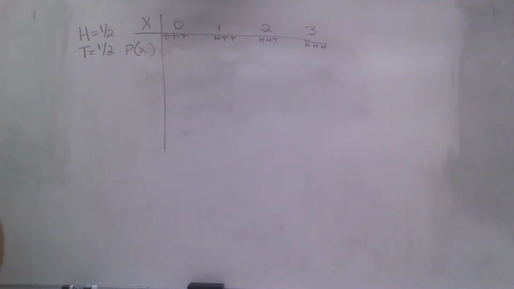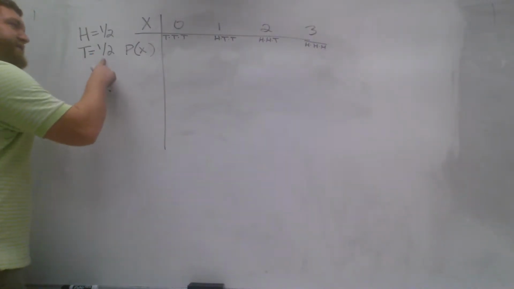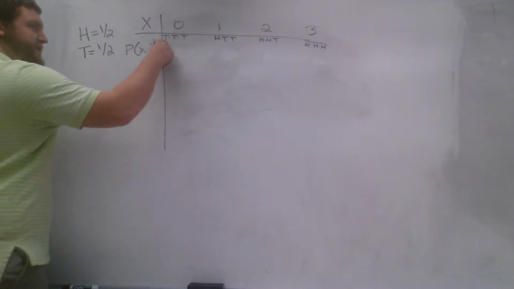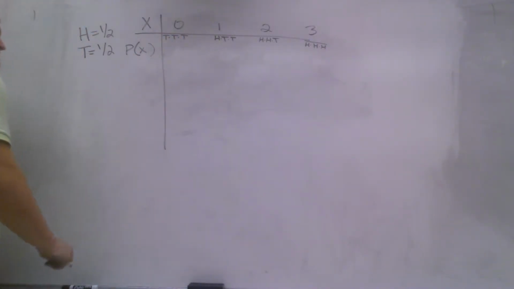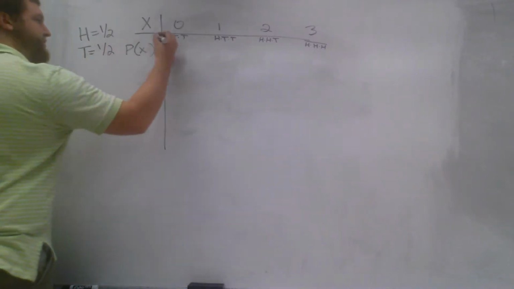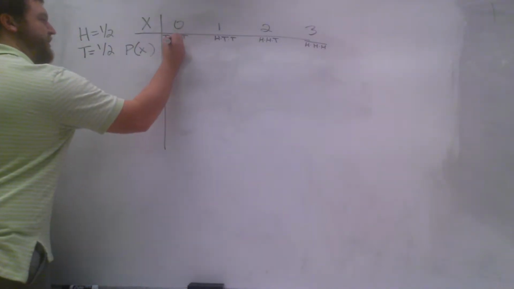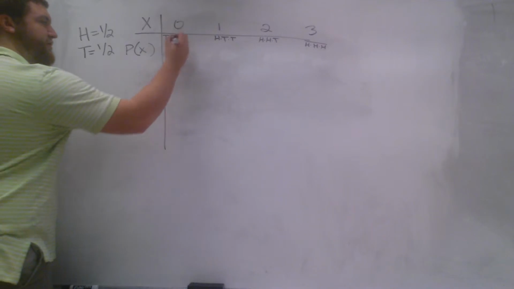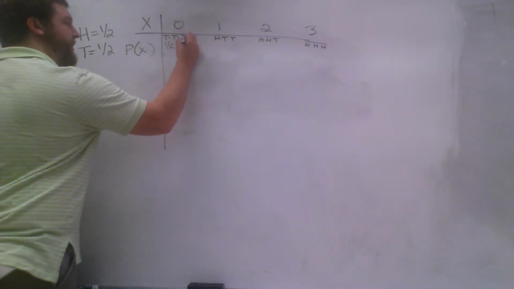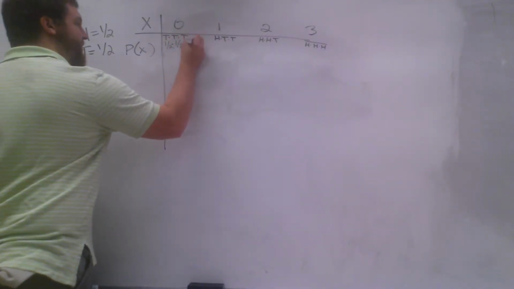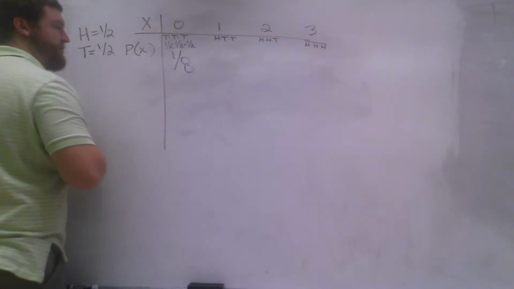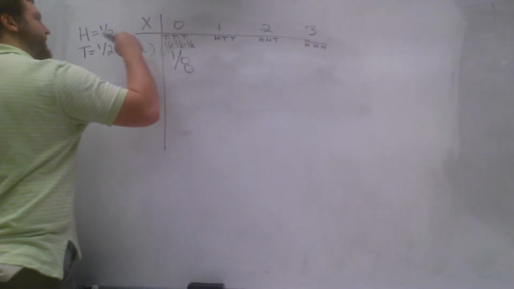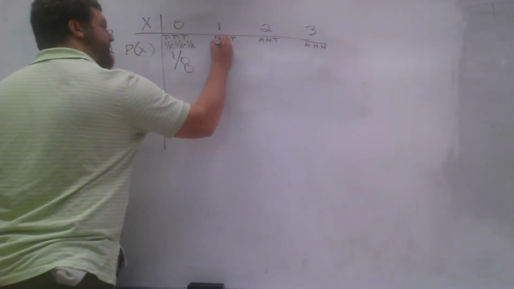Beautiful. So now I need to find my actual number probability. If I get a tails, then a tails, then a tails, what does that mean? I already wrote it. Multiply. So tails, 1/2. Then tails, 1/2. Then tails, 1/2. If I multiply those out, I get 1/8 as my PX. What's the probability I get a heads? That's 1/2.